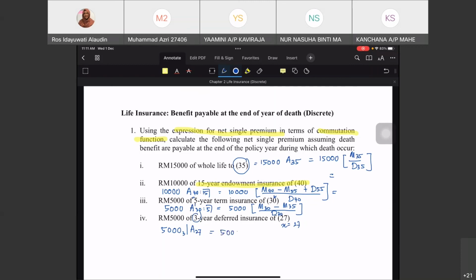So 5,000 times Mx plus n is M30 over D27. Don't put D30. D must always use the current age. So D27. If you put D30, it is just the same as whole life insurance starting at age 30.